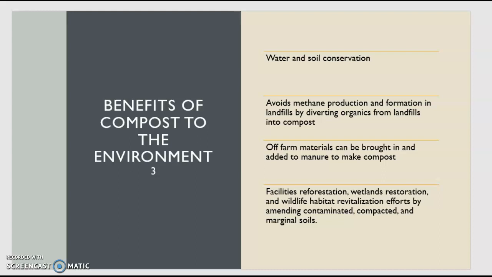Off-farm materials can be brought in and added to manure to make compost. And it facilitates reforestation, wetlands restoration, and wildlife habitat efforts by amending contaminated, compacted, and marginal soils.